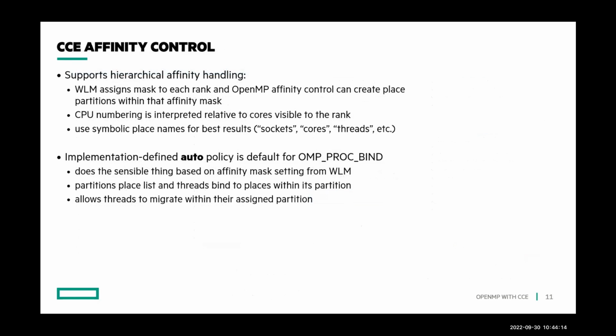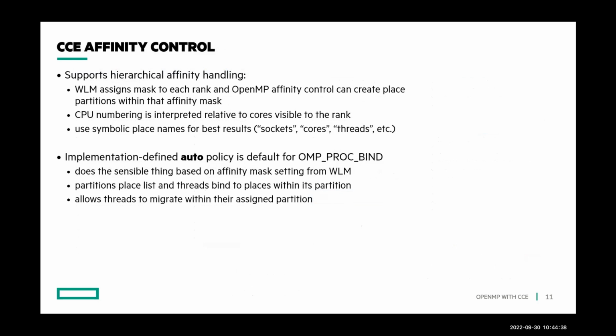Areas of OpenMP and affinity control. So the way we handle that is we support a hierarchical affinity handling, essentially. So your workload manager will assign an affinity mask to each of the ranks. And then OpenMP affinity control can be used to essentially create place partitions within that affinity mask.